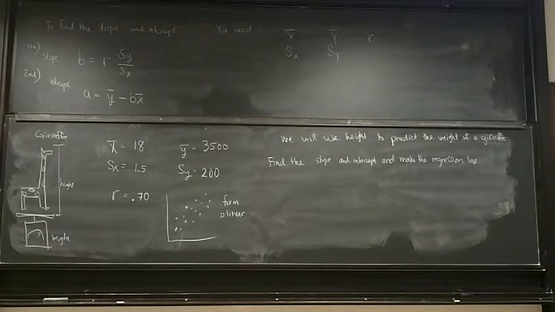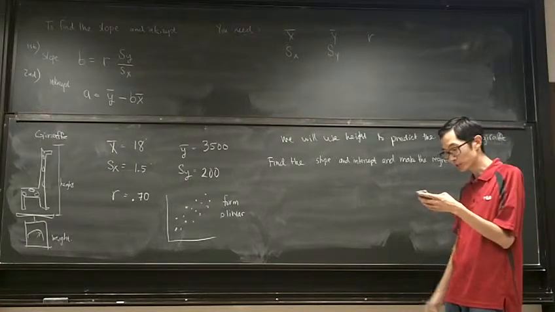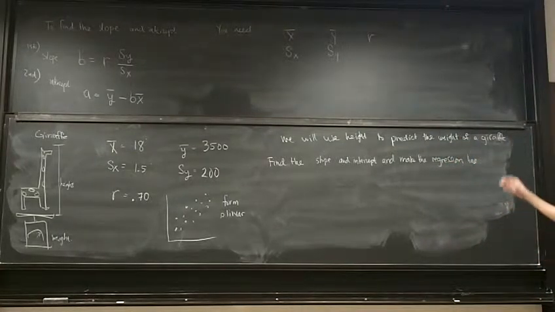Okay, everything you need to know, at least for the slope and intercept, is up there on the board. I looked at the wrong section of Wikipedia, but okay.